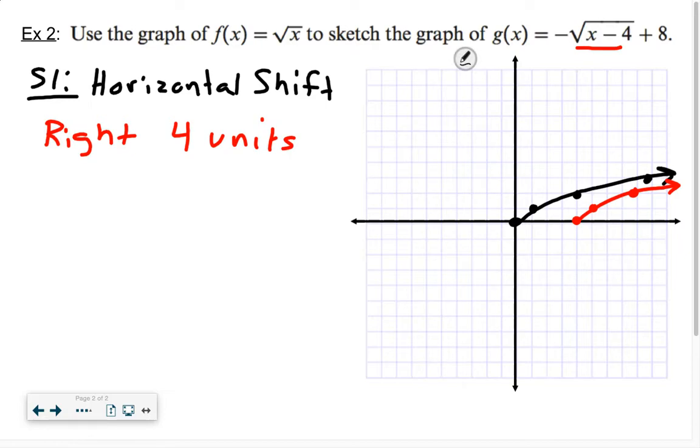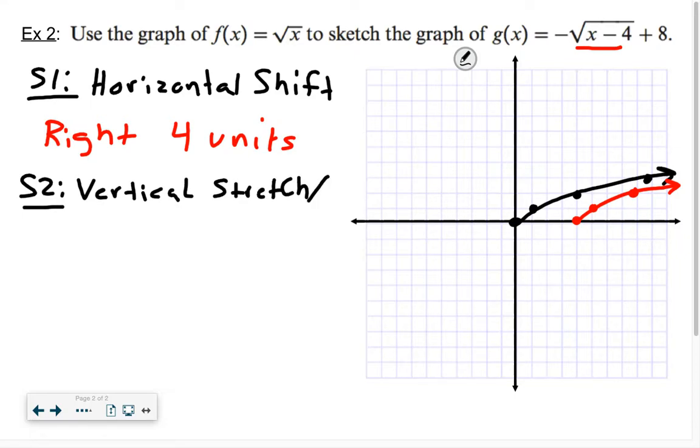Second one is now going to be the vertical stretch or compression. Vertical stretch or compression.